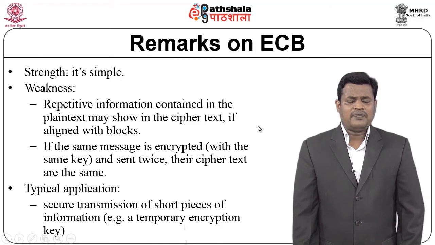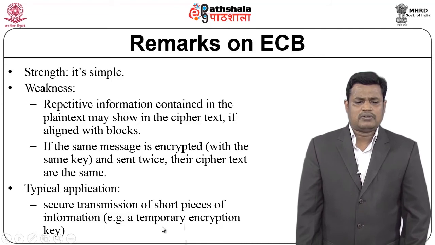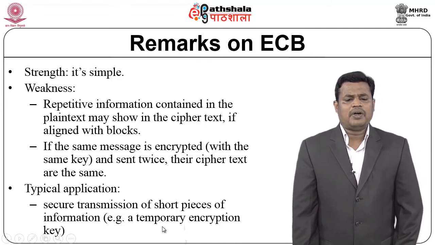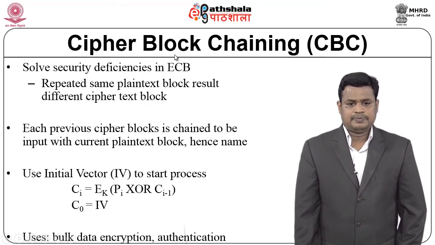These are the weaknesses of ECB. The application of ECB is when I want to send a short piece of information with some temporary encryption key; during that time I can go for ECB.